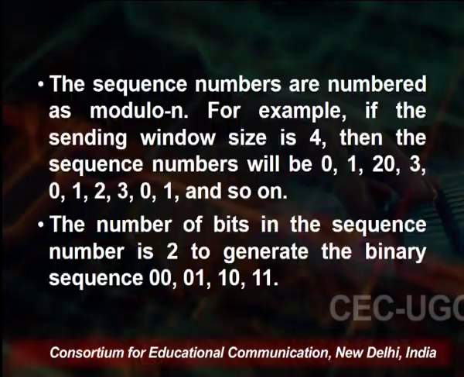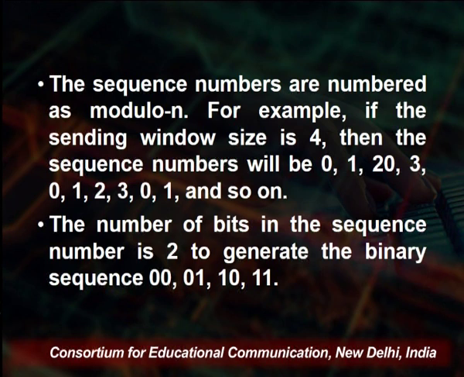Let us take an example for this. Let us say we have a sending window size of 4. Then the sequence numbers will be 0, 1, 2 and 3, then 0, 1, 2, 3 and again 0, 1, 2, 3 and so on.